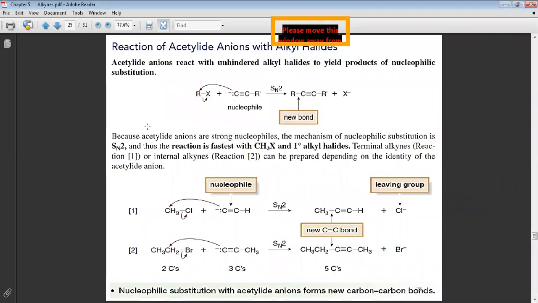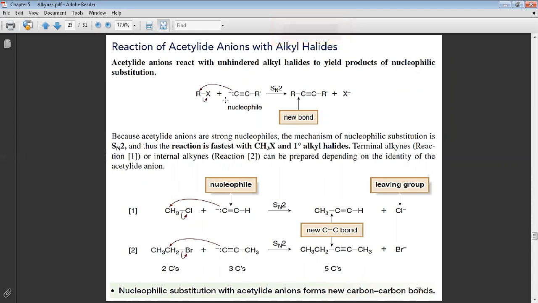Now, the reaction of acetylide anion with alkyl halide. Yes, we said the acetylide anion is a nucleophile and can attack the alkyl halide by SN2 reaction. Look, it will come from the back side. You know the SN2 reaction. What is meant by the SN2 reaction?